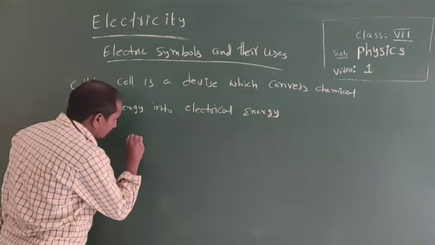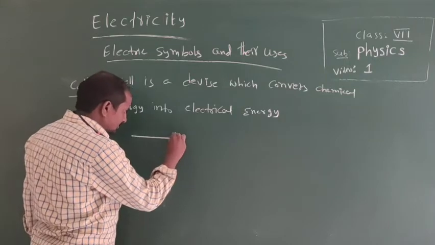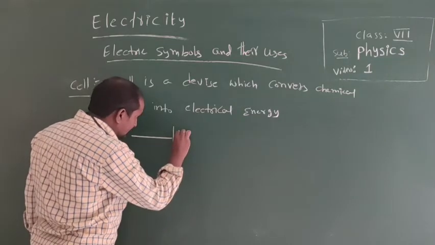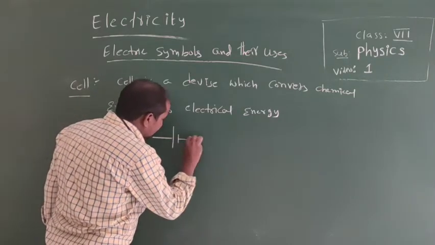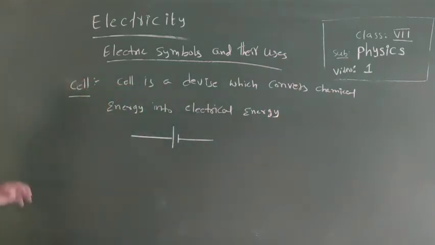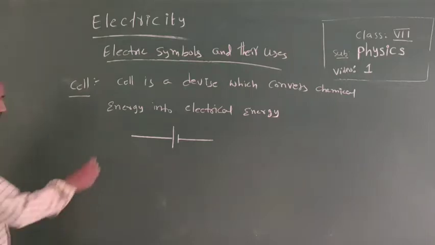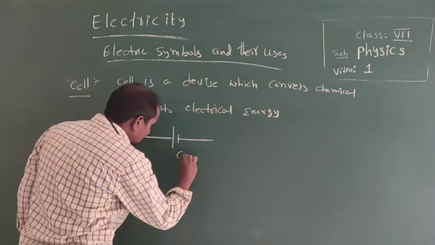So it is the symbol for the cell. A cell exists with two terminals, one positive terminal and one negative terminal. It is the symbol for the cell.